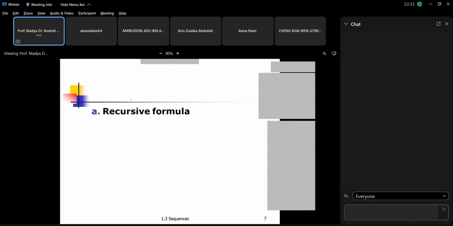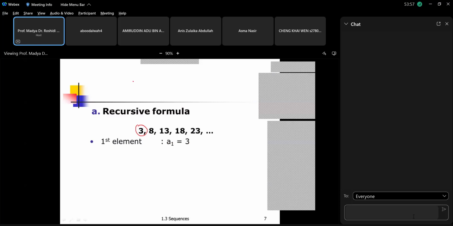Now we move to specifying a recursive formula. Again, we use the same example, we refer to example 2. Given to you 3, 8, 13, 18 and 23. Once we look at the first element, the starting point is 3.